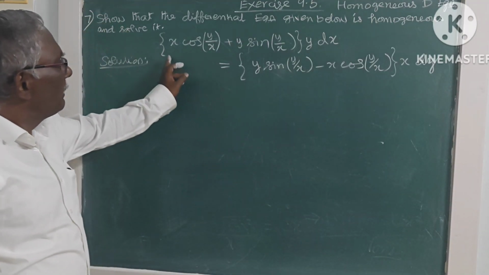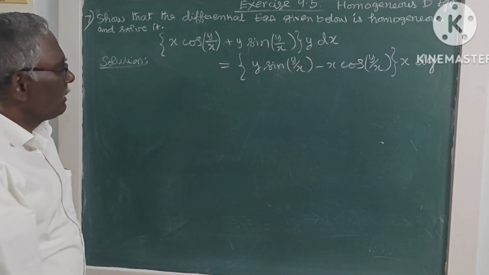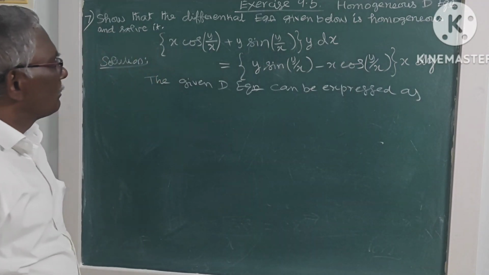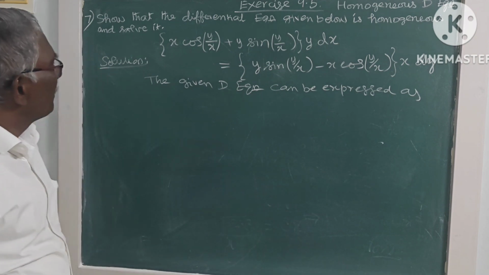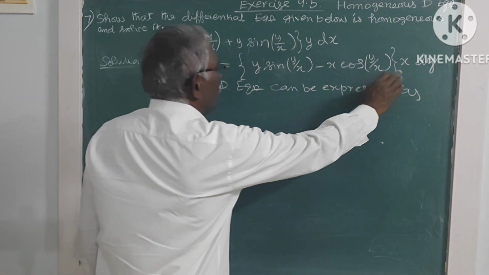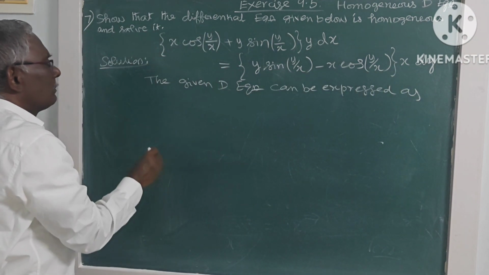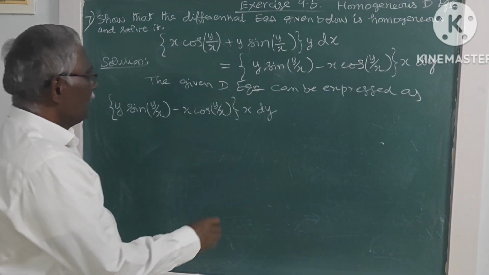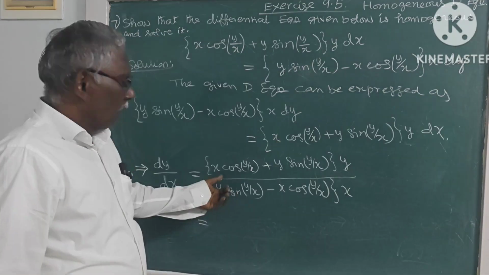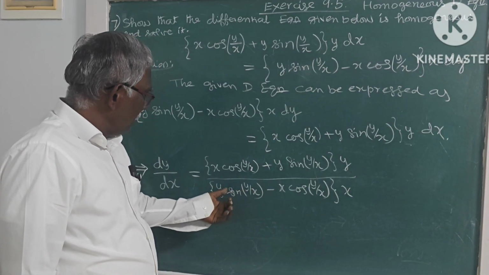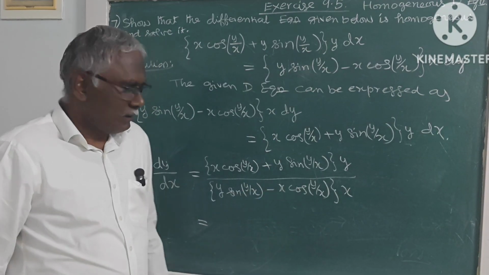So the given differential equation can be expressed as dy by dx is equal to something form. We'll write this first. So this is equal to, we have to bring this in the form of y by x.